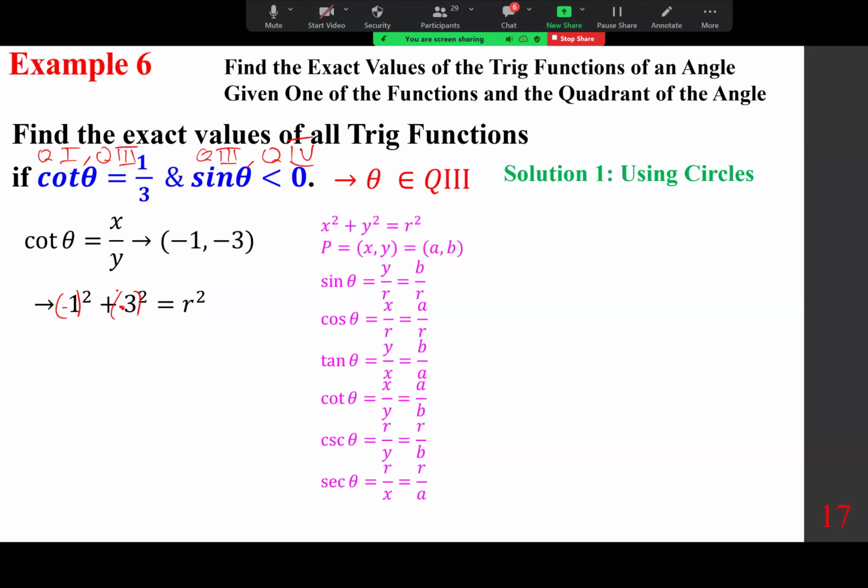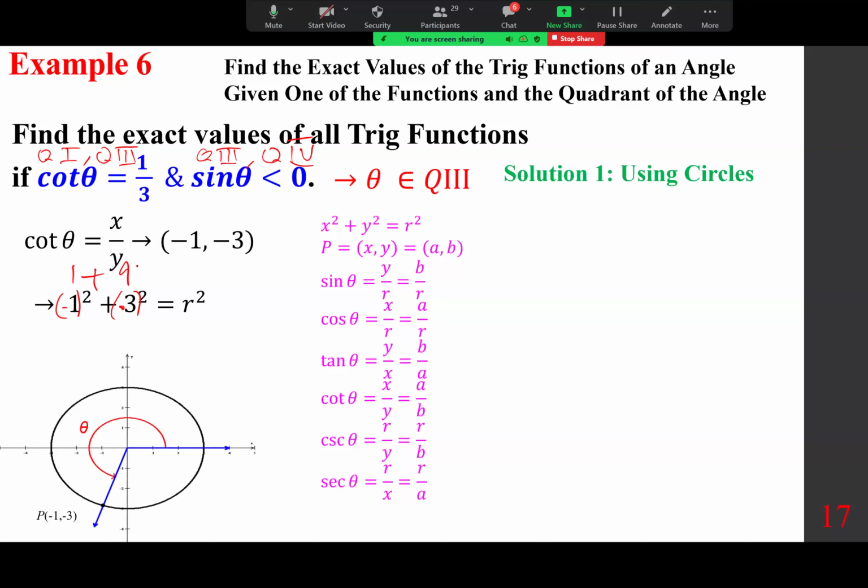In any event, the purpose of this is to find the r, and this is 1 and 9, 10. R squared is 10, and r is square root of 10. R is always positive. All right, we are good to go.